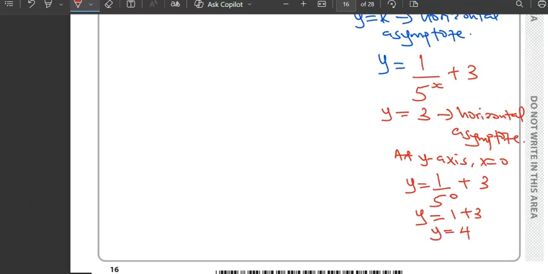So the point at which the curve cuts the vertical axis is (0, 4), and already we know the equation of the asymptote. So when it comes to sketching, it becomes quite easy.